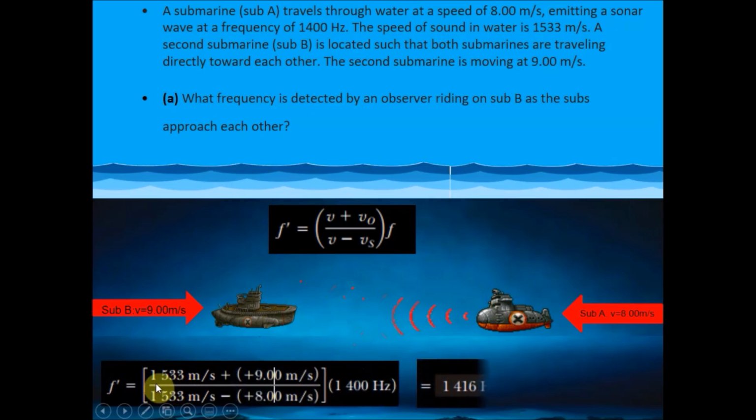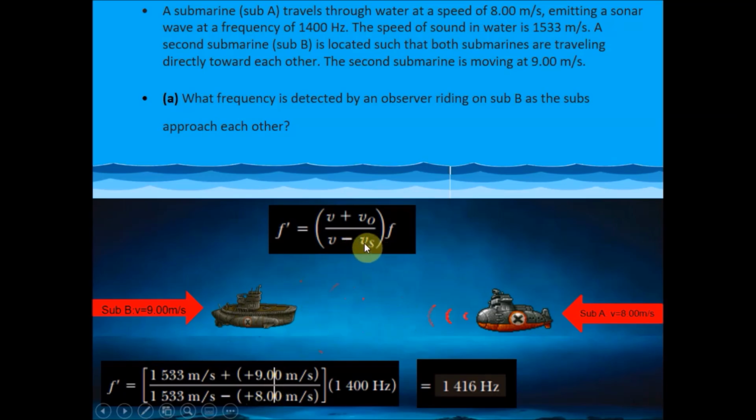If we substitute in, we will have 1533 meters per second, the velocity of the wave, plus positive 9 meters per second, over 1533, again the velocity of the wave, minus 8 meters per second.